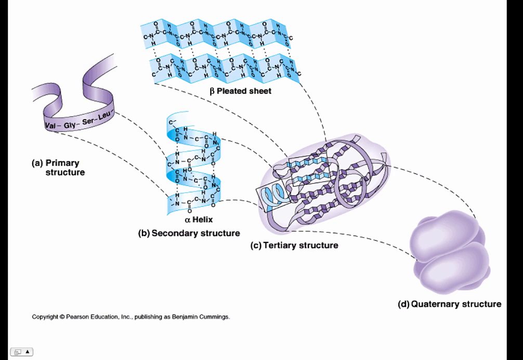Alright. Here is this overview once again. Primary structure is just your simple amino acid sequence. There's no interaction between the different amino acids. And then here you have hydrogen bonding causing the twisting and turning of your amino acid sequence.